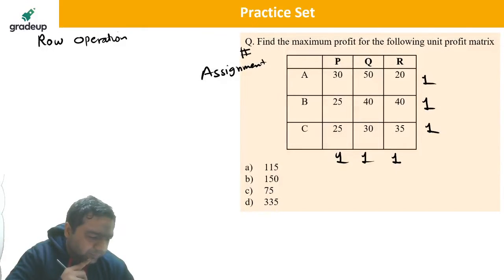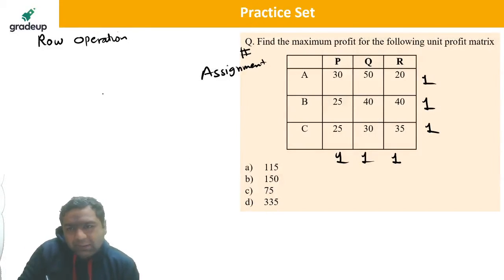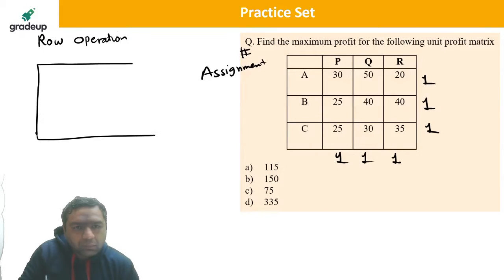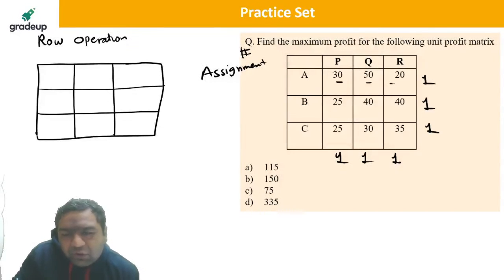Okay, Bhanu Rajan, Akhilesh, let us try to solve it. First, we will go for row operation. The minimum in first row is 20.